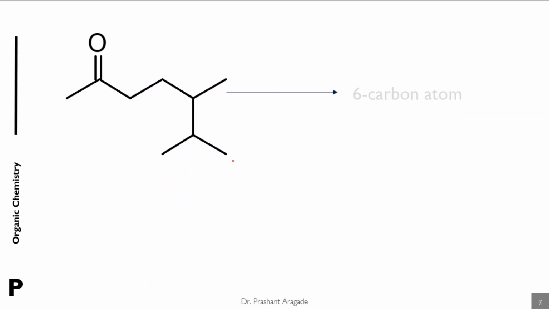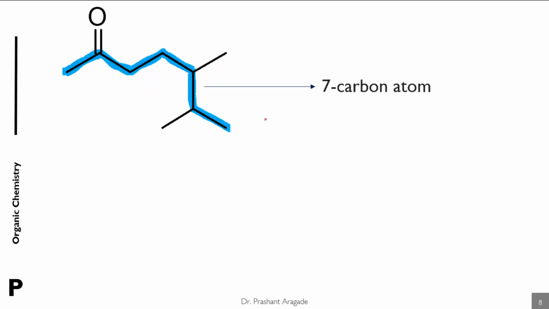If you select the chain like that, then it contains 7 carbon atoms. As the rule says, you have to select the longest continuous carbon chain. So the 7 carbon atom containing chain is the longest for that example. So the parent name is heptane. This E is replaced with ONE, that is heptanone.